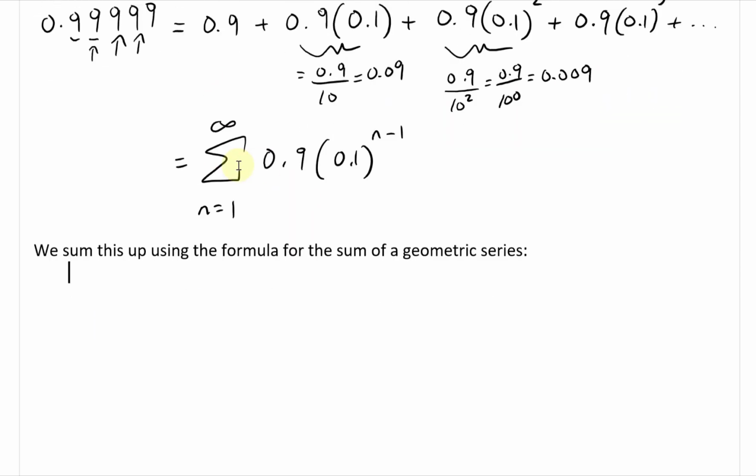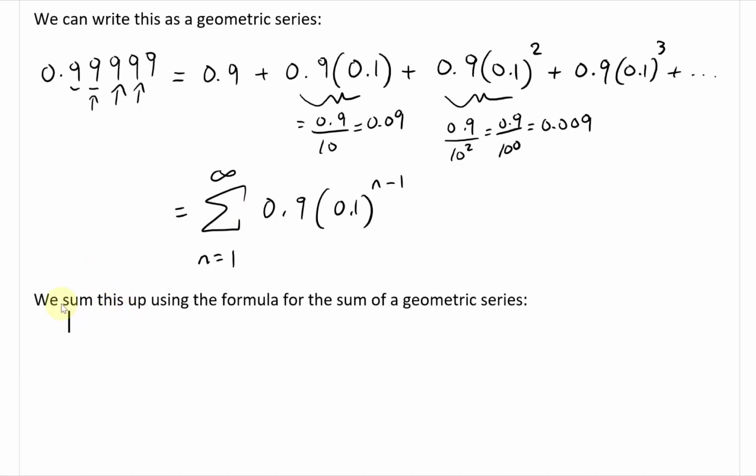All right, so now that we have this as a geometric series, we can sum this up using the formula for the sum of a geometric series.